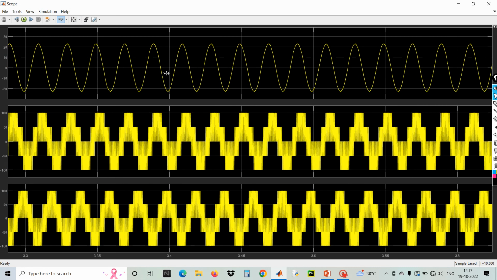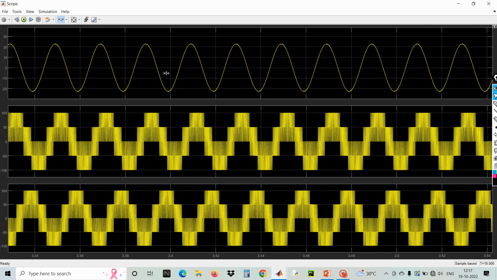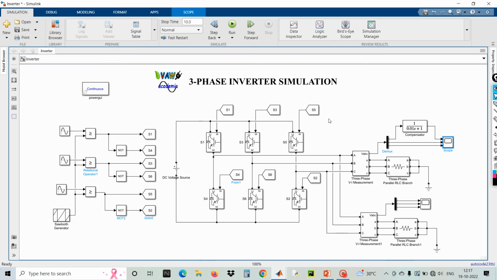If you look at this, you will get a sinusoidal output for phase A. Phase B and phase C are quasi square waves. Phase A is actually a sinusoidal output. Similarly, you can develop your three-phase inverter like this in Matlab. It's very easy, and the only thing you have to do is understand the concepts.